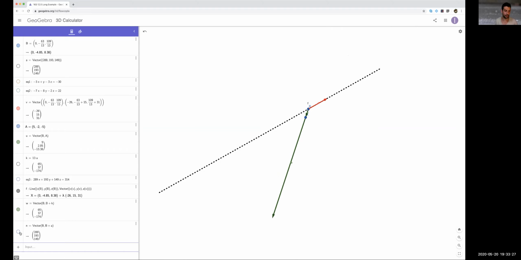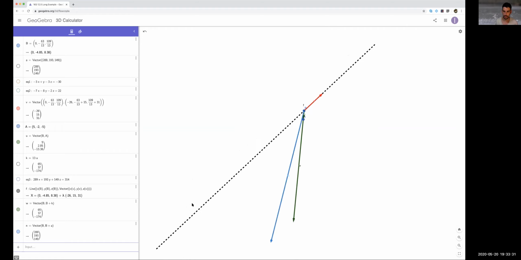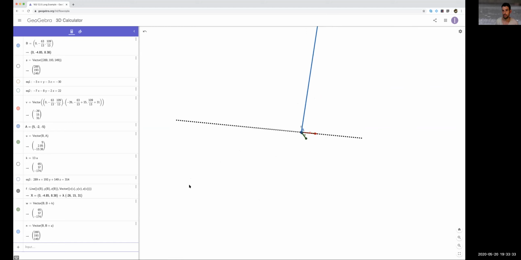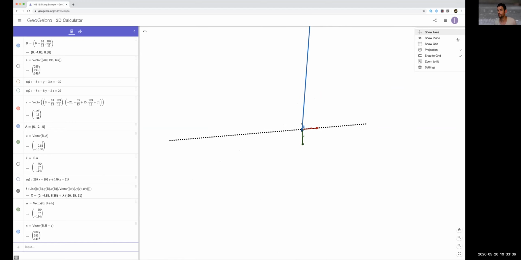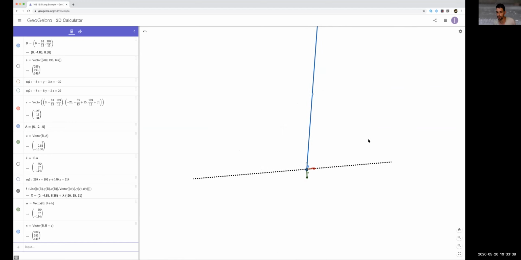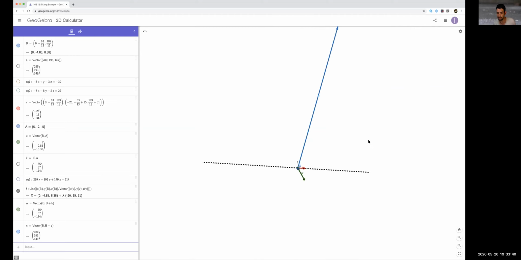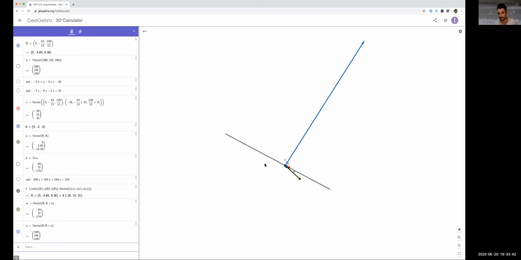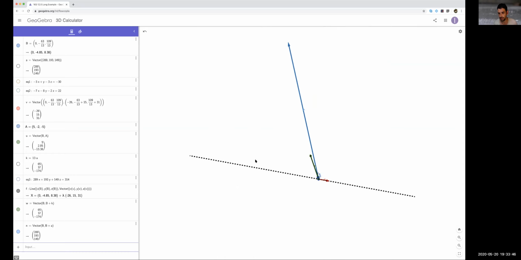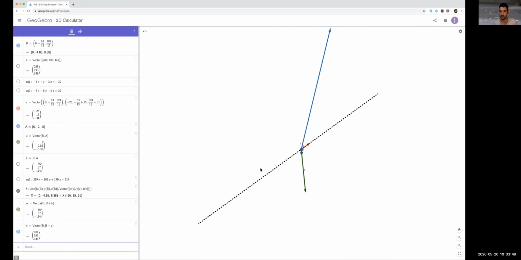Then we took their cross product to get the vector N. There's N. Let me make this zoom a little nicer. So we can see that N is perpendicular to both of them, right? If we look around at these different angles, once we put the plane in there, it'll be a bit easier to see.